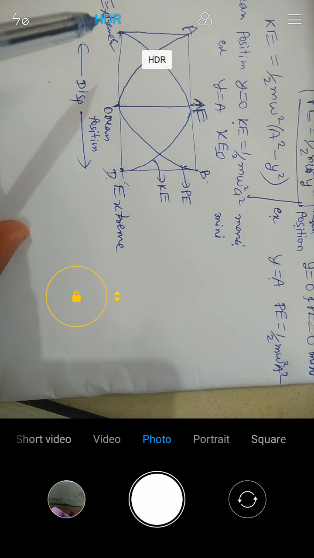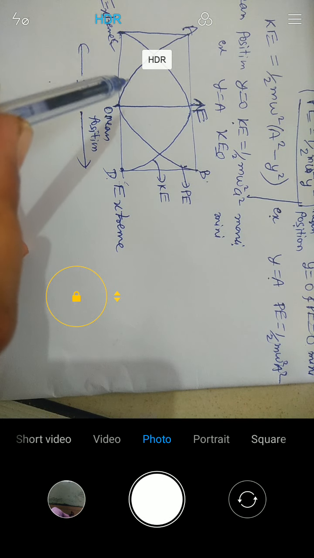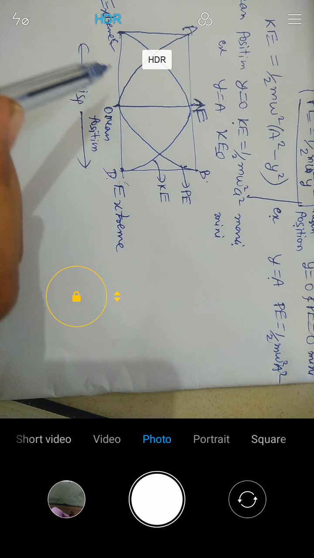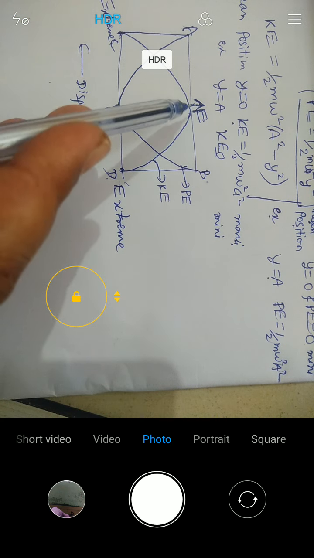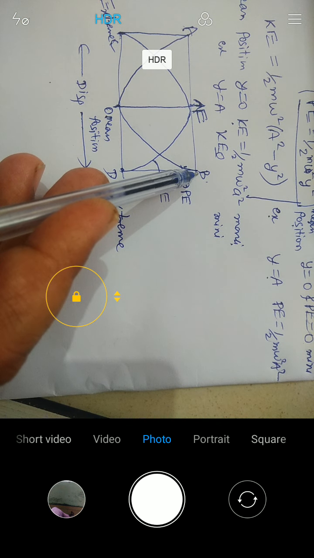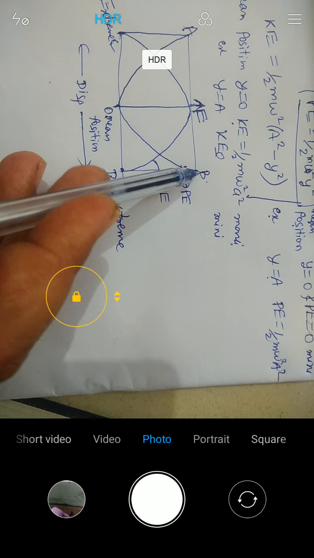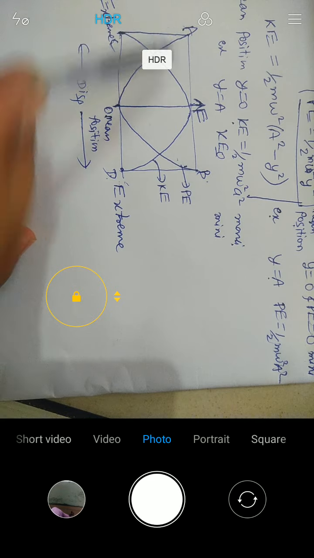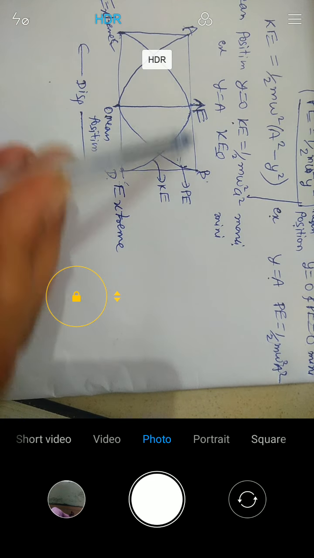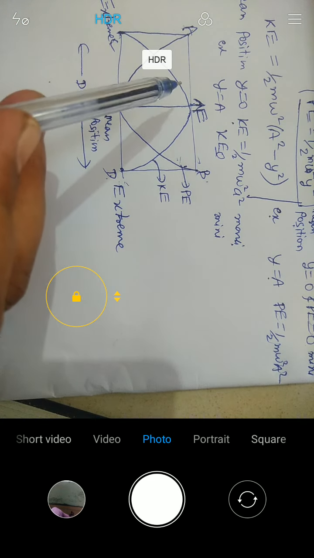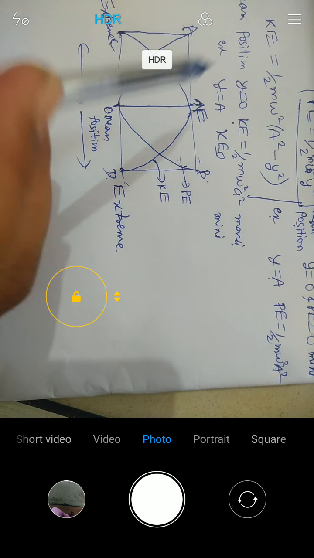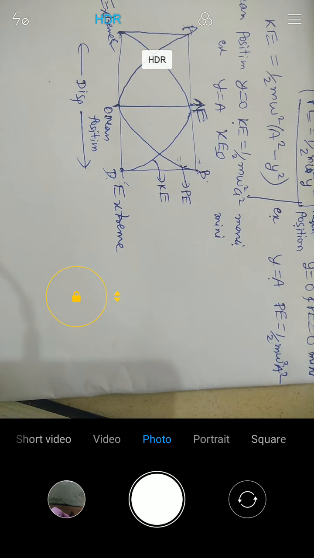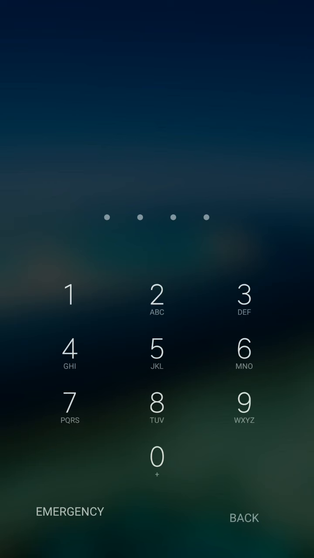The line AEB represents total energy, and it is constant at all points between A and B. So this is the representation.